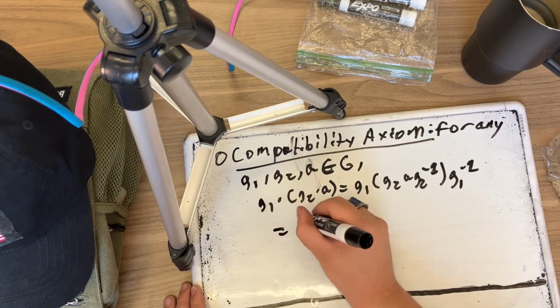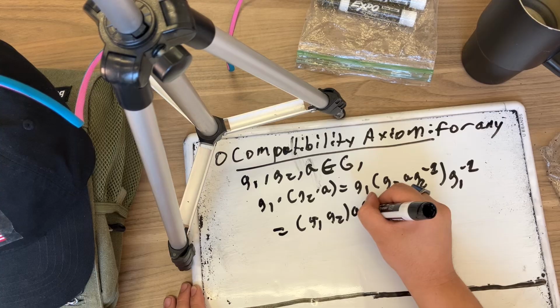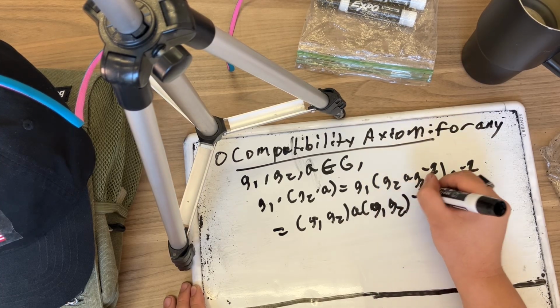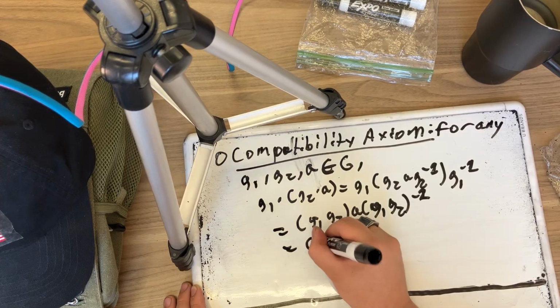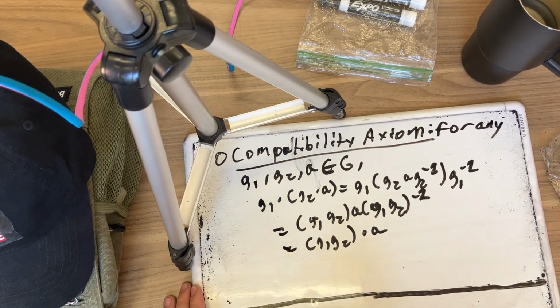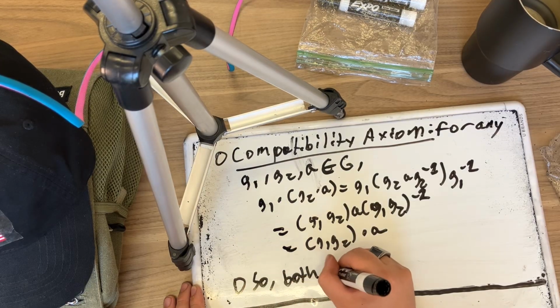And that this is in fact equal to (g_1 g_2) a (g_1 g_2)^-1, which is equal to (g_1 g_2) dot a. So both axioms hold.